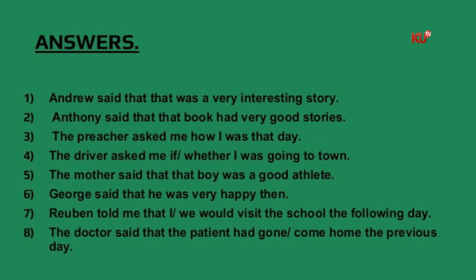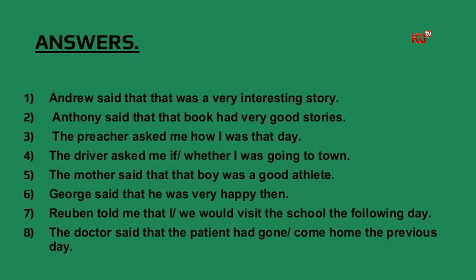Then number 6, George said that he was a very happy man. Remember, it was "I am a very happy man." So George said that he was very happy then. The sentence was, "I am very happy now."